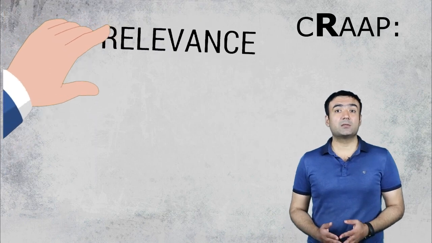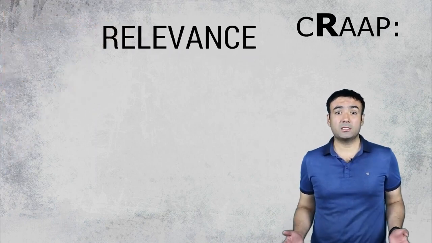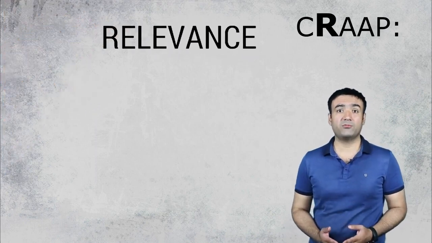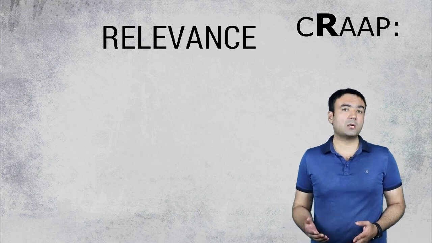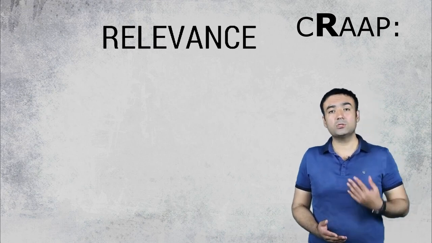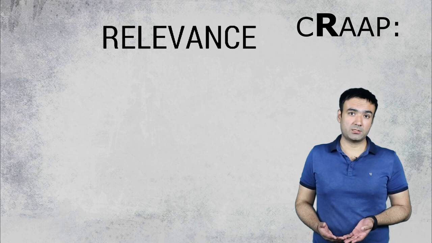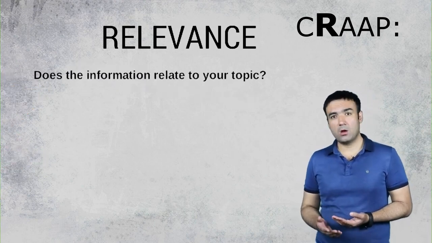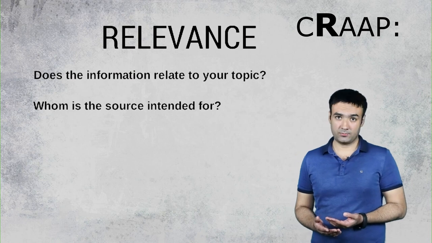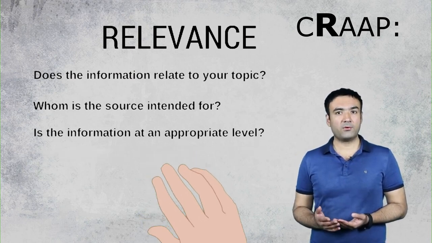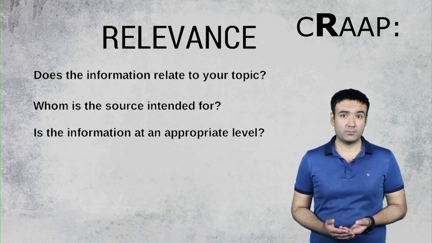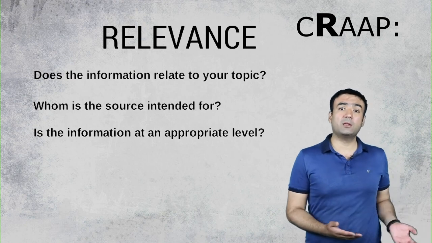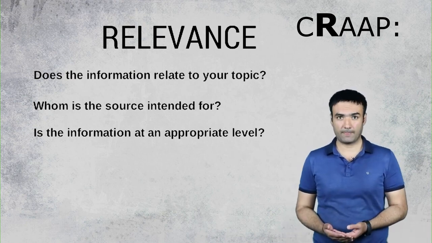The second is relevance. Relevance is the importance of the information for your needs. In order to identify relevance, you should explore the following questions. Does the information relate to your topic? Who is the source intended for? Is the information at an appropriate level, not too elementary or advanced for your needs?